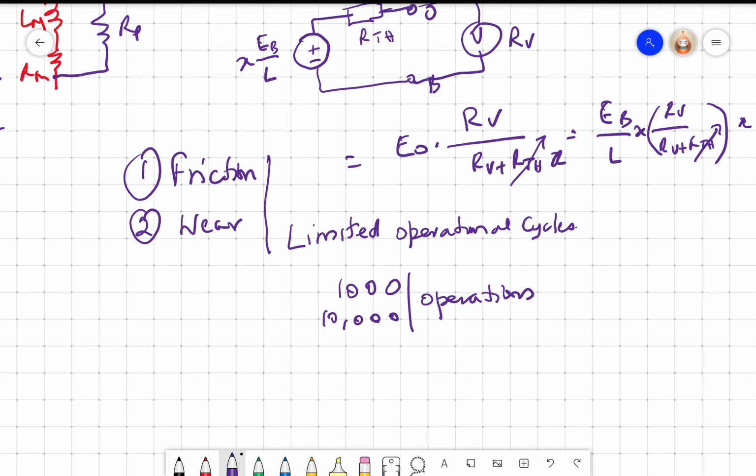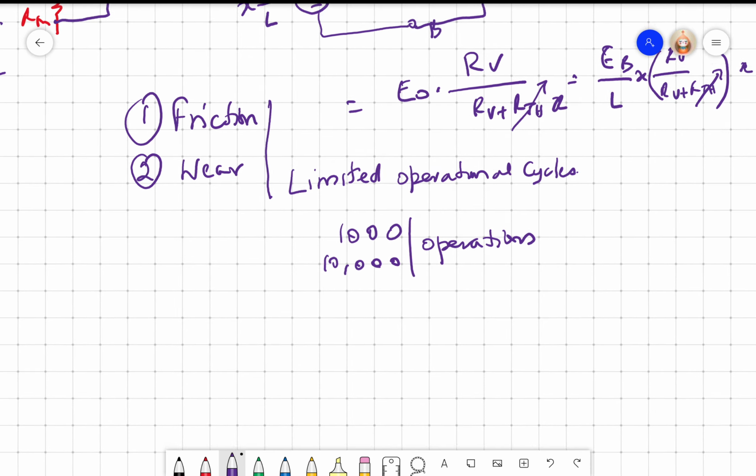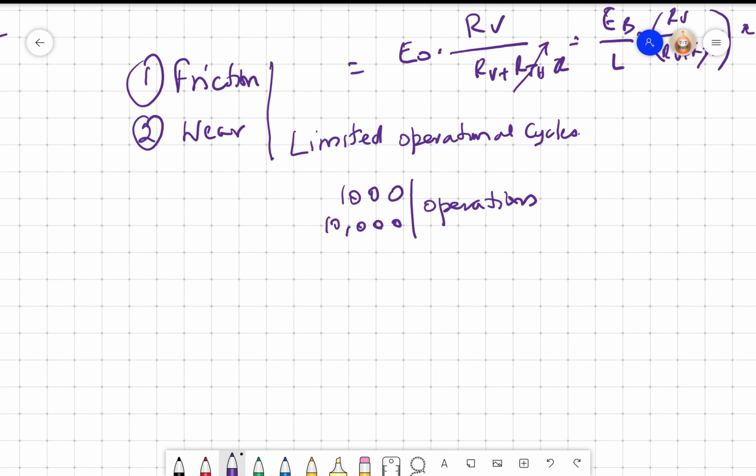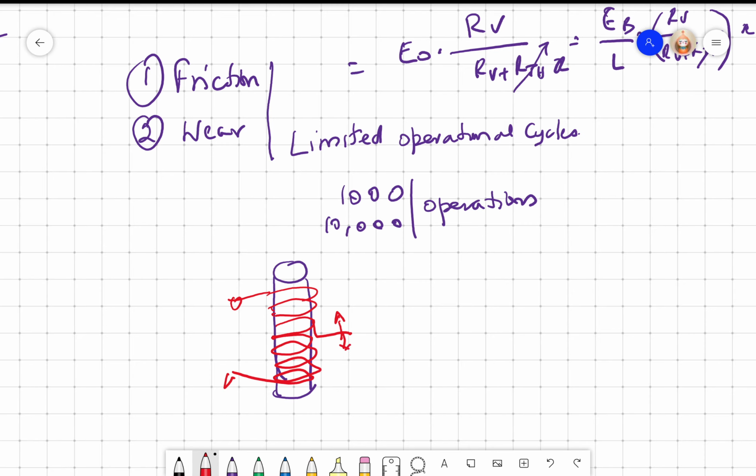It is also possible, instead of using resistive film, we can use a resistive wire. So I take a cylindrical former and I wind wire here and put a wiper that moves on the wire, right?